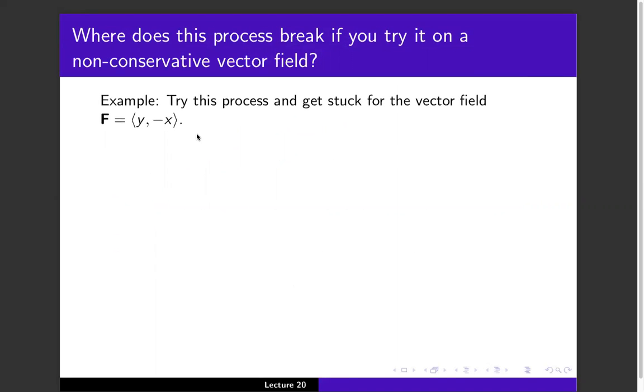But what happens if you try this with a vector field that's not conservative? Maybe it can still work out. Well, let's see what happens. In this case, what are we going to get? Well, P(x,y) is y.